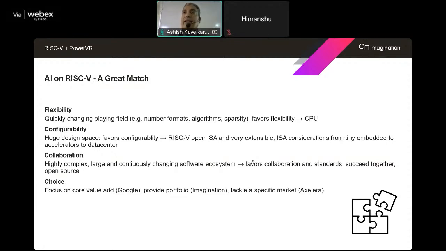Collaboration is another big angle with regards to AI workloads. Keep in mind that no one company, maybe save one, and I don't want to name them, has a complete story with regards to what you can do on AI.